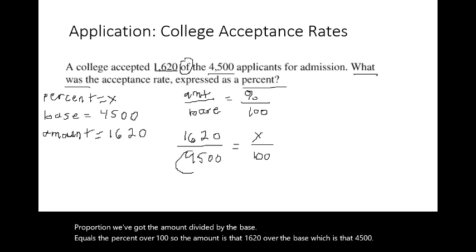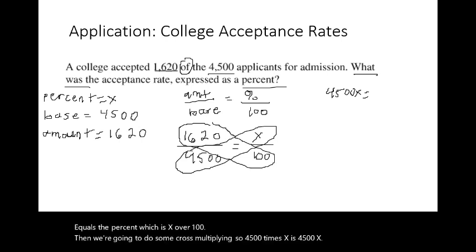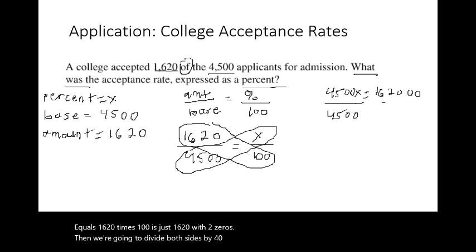Then we're going to do some cross multiplying. So 4,500x equals 1620 times 100, which is just 1620 with two zeros. Then we're going to divide both sides by 4,500. And that will give us x equals 36.